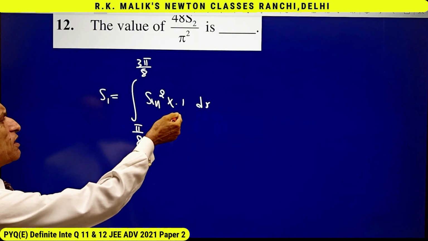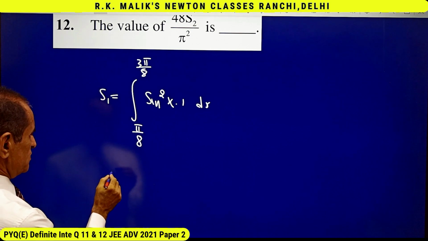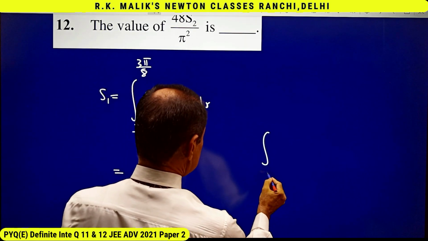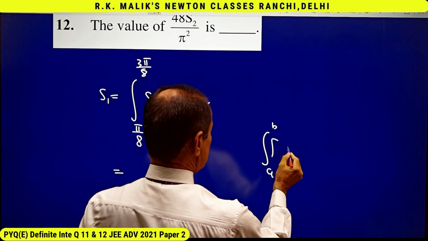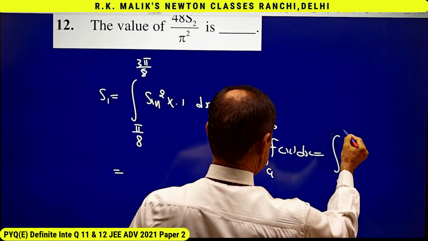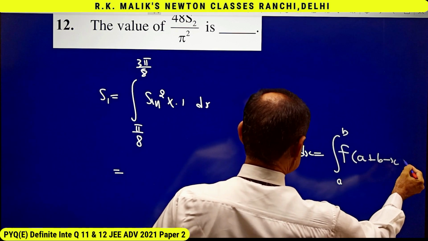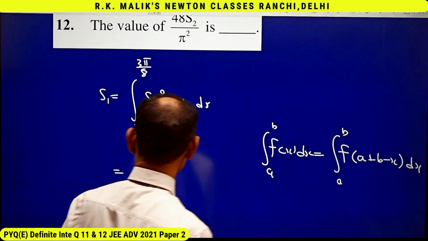Yes, the question can be done by simple integration, but the better way is using the property that the integral from a to b of f(x) dx is equal to the integral from a to b of f(a plus b minus x) dx.